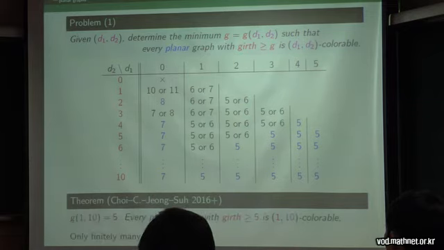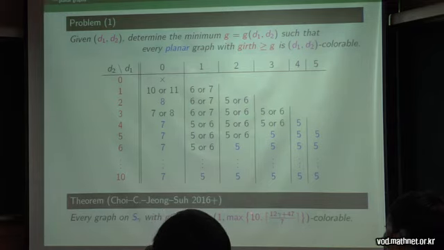So if you stick with planar, then it's (1,10). But if you generalize this to higher surfaces, then it's (1, something that's linear in your Euler genus gamma).